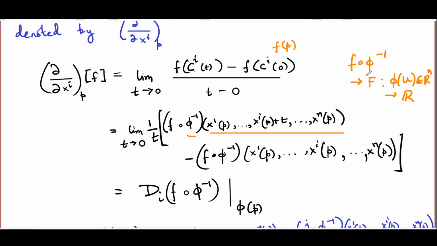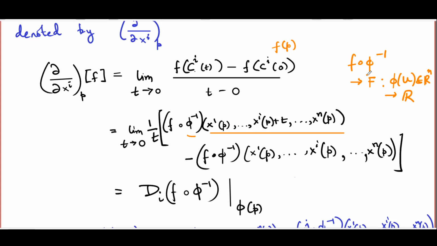Now, while we are used to using the notation del del xi to talk of the ith partial derivative of a function, we are not going to use that here because we already have used the notation del del xi of p for the tangent vector corresponding to the ith coordinate curve. But this should make it easy for you to understand exactly why we chose this notation.